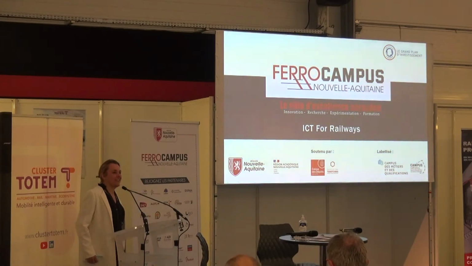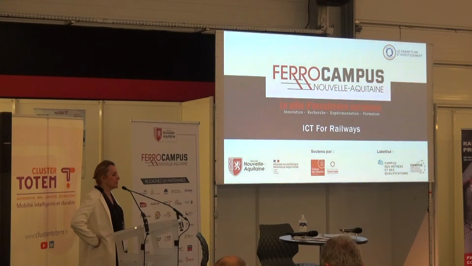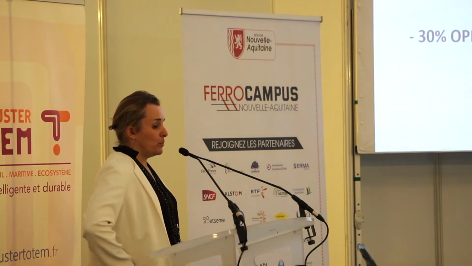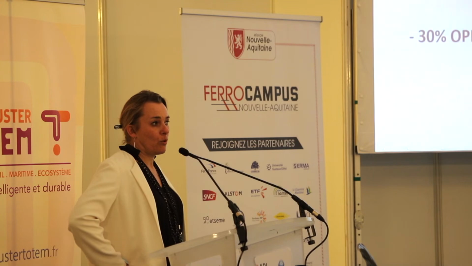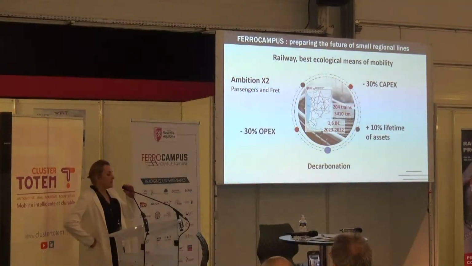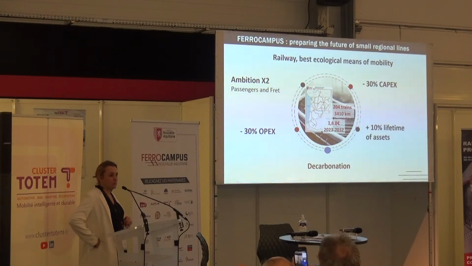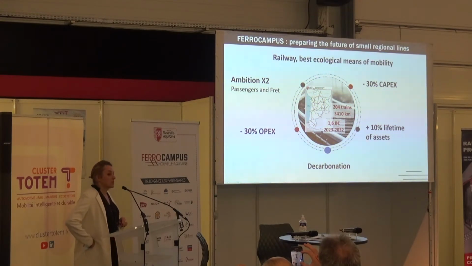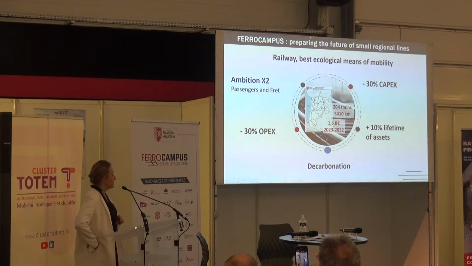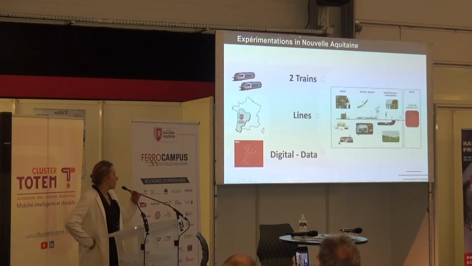Thank you very much. I'm very glad to be here today to share with you the strategy of the region Nouvelle-Aquitaine. Ferrocampus is the name of an overall program based on railway. The ambition of the Nouvelle-Aquitaine region is to increase by 2 the use of railway in its area.